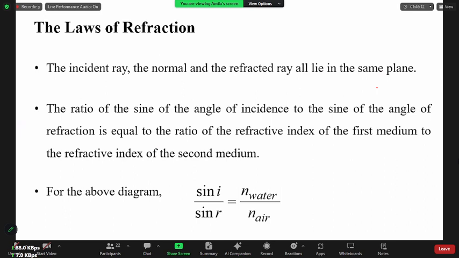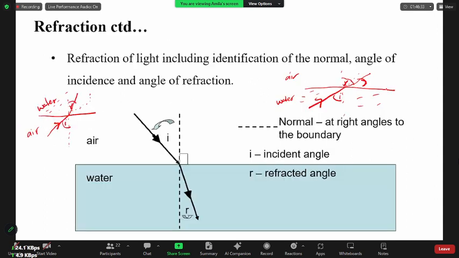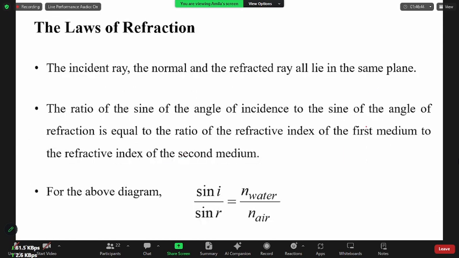As we have a law for reflection, we have laws for refraction as well. The first law: the incident ray, the normal, and the refracted ray all lie in the same plane. These three, the normal, incident ray and refracted ray, are in one plane.